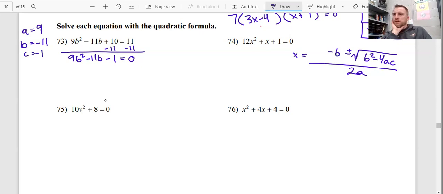So then we plug things in. So -b, that's -11, which is +11, plus or minus the square root of -11 squared minus 4 times a times c.